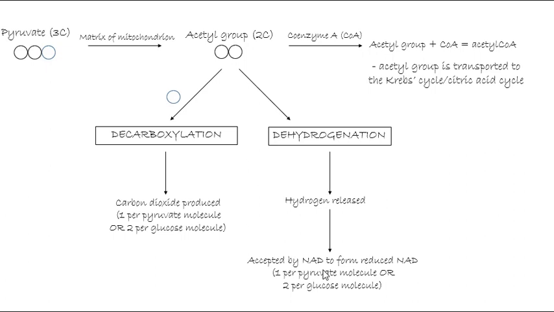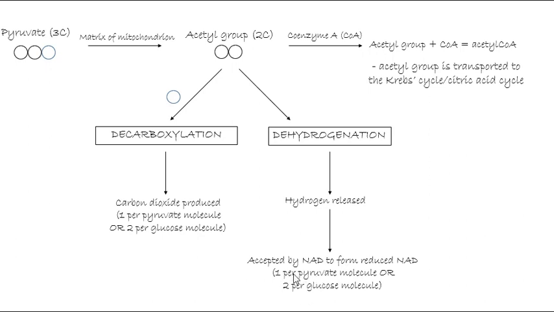And according to chemistry, when a compound gains hydrogen, it becomes reduced. And therefore, when NAD gains hydrogen, it forms reduced NAD. Once again, 1 molecule of reduced NAD is formed per pyruvate molecule, and since 2 pyruvate molecules originate from 1 glucose molecule, 2 times 1, which is 2.